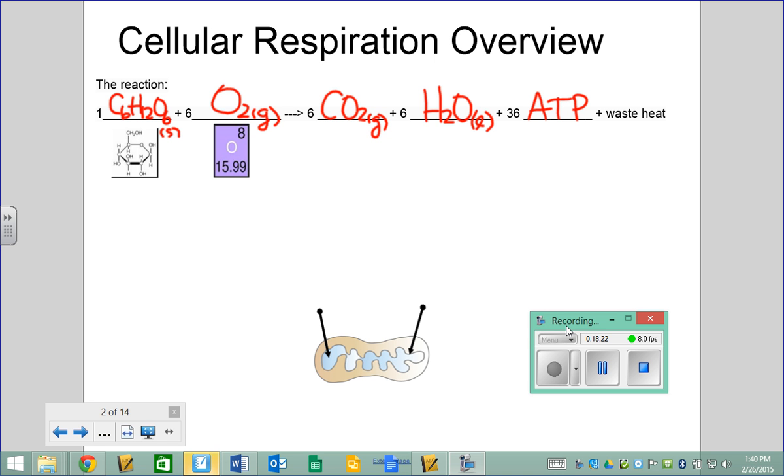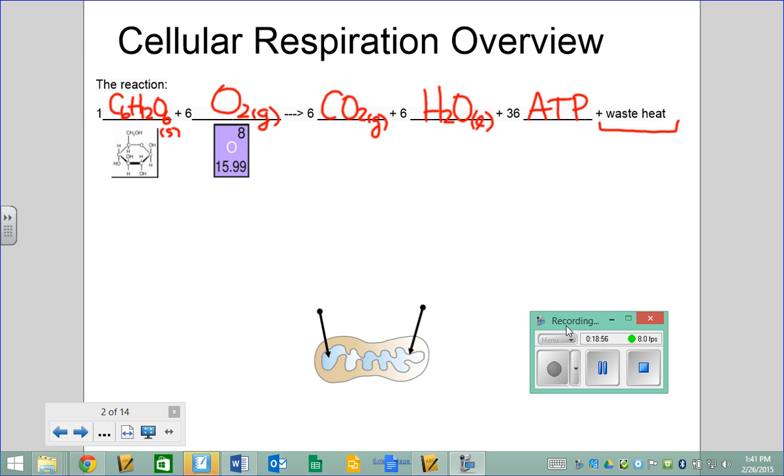Now 36 ATP is what you get in a eukaryotic organism when oxygen is available. And then for some of the other scenarios, a different amount of ATP is being produced. And then I'm highlighting over here that there is some waste heat produced. I mentioned earlier when we talked about the overview, anytime energy changes from one form to another, there's waste heat being produced, but it's especially noticeable here.